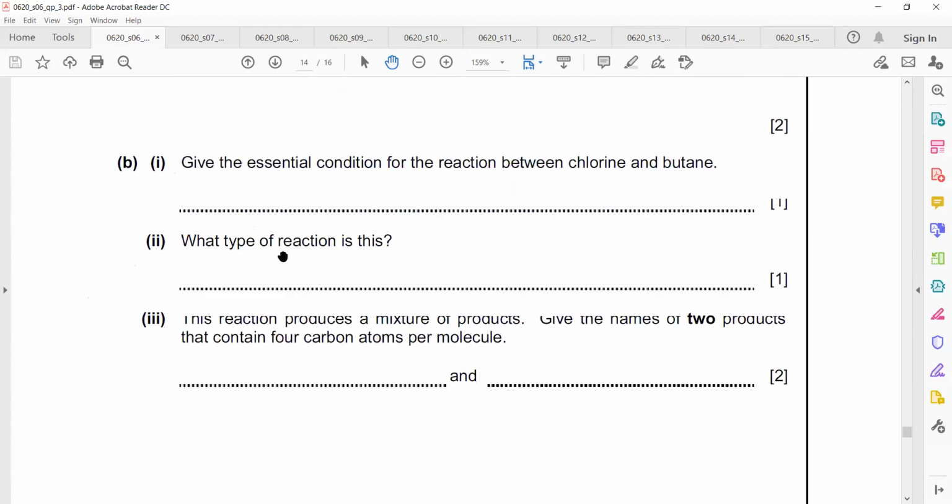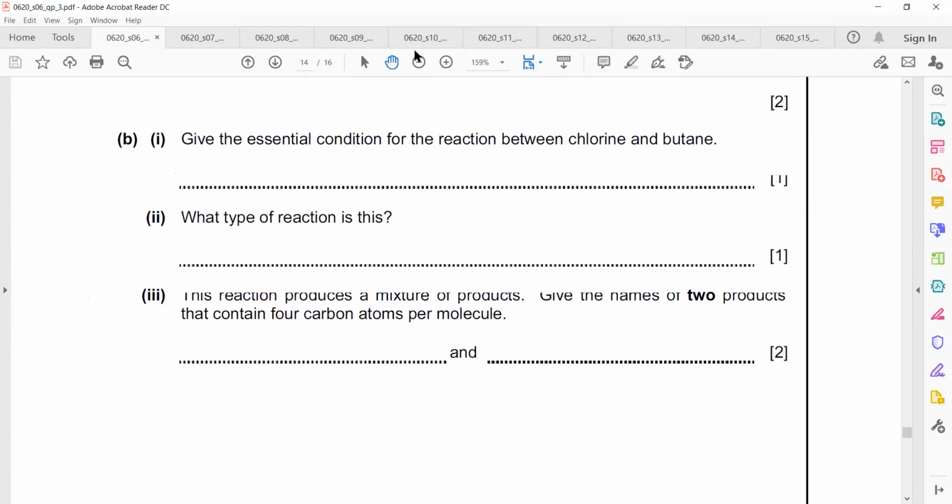Then give the essential conditions for reaction between chlorine and butane. Essential condition when alkane reacts with chlorine, like a substitution reaction. So the essential condition for substitution reaction is ultraviolet light, or you can also say UV.